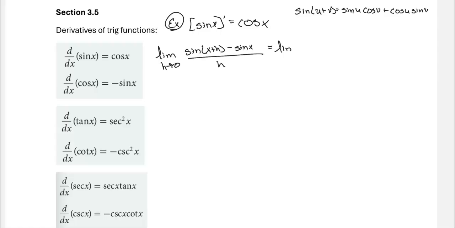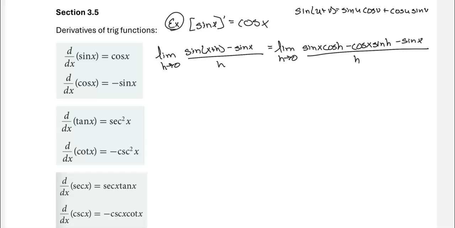So let's rewrite that. Now we have not taken the limit yet, so I have to carry that limit in. Applying this formula, we get sine of x cosine h plus cosine x sine of h. And then we still have that minus sine x hanging out, all over h.